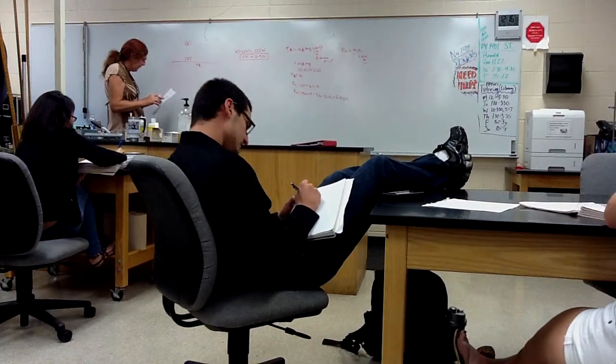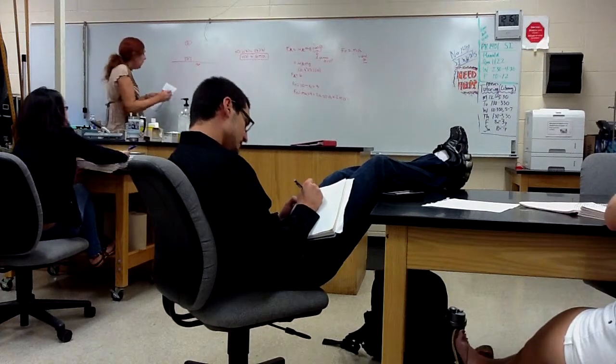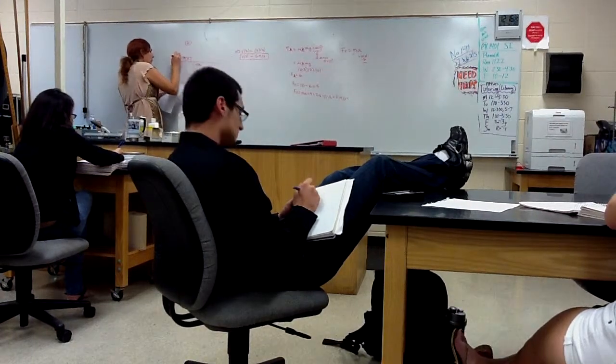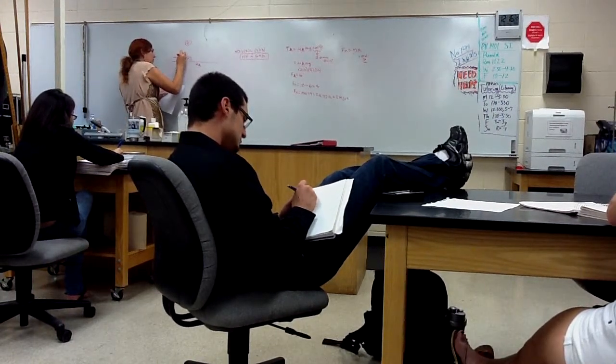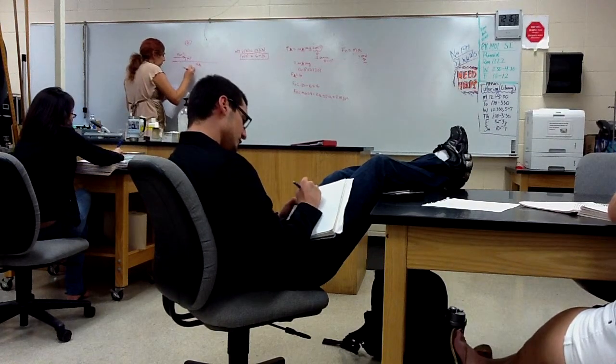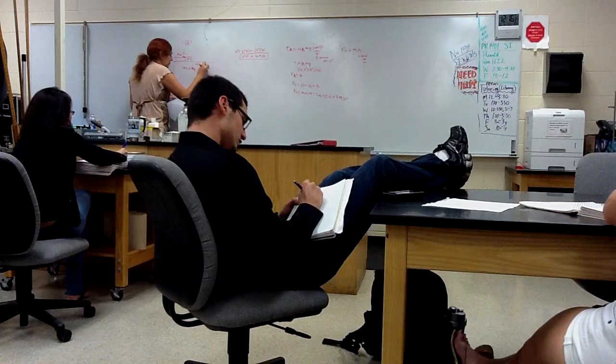So this time we're not going to know the applied force. What is the applied force? We don't know it. We know M is equal to 2 kilograms. We'll have use of K equal to 0.4.